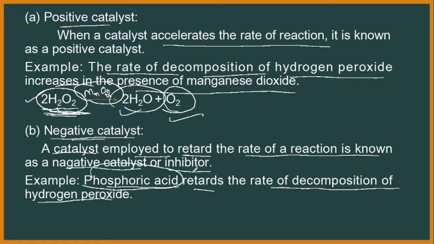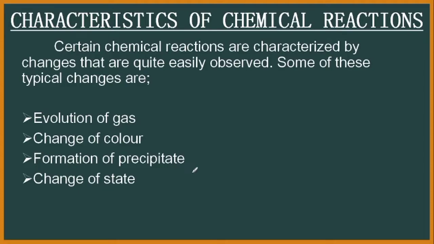Okay, so now we will move on to the next topic, characteristics of chemical reactions. Why do we have to study this? Because whenever a chemical reaction takes place, how will we come to know that it has happened? That is with the indication of some changes.